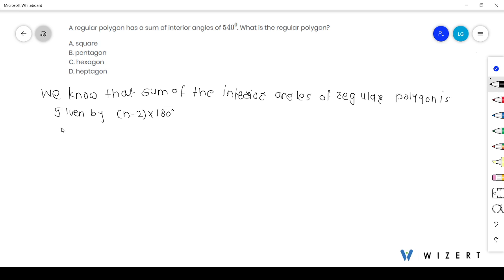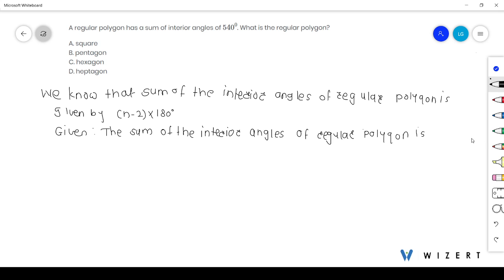Here we are given that the sum of the interior angles of the regular polygon is 540 degrees.